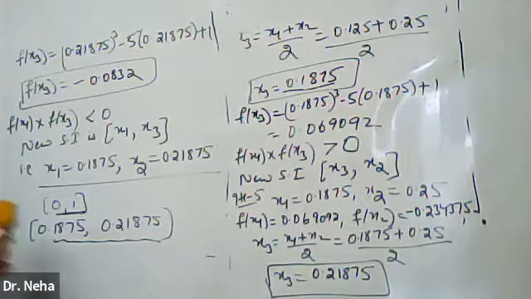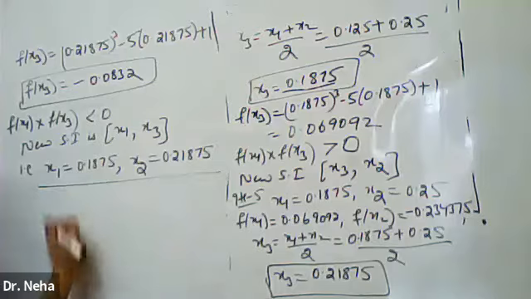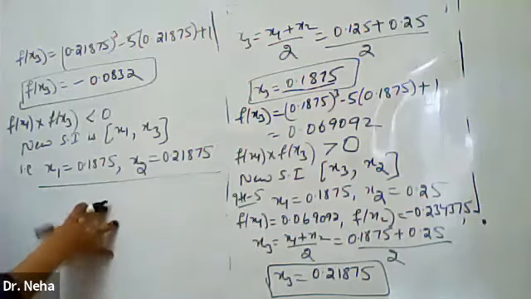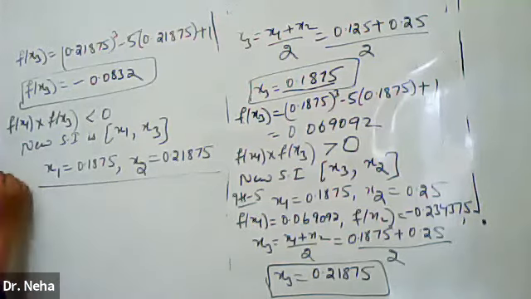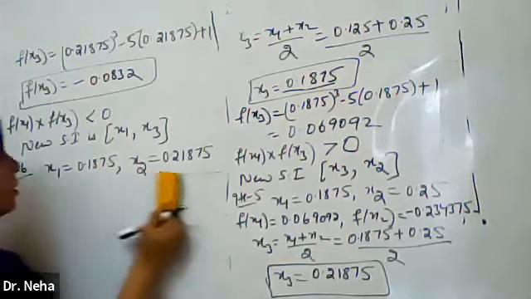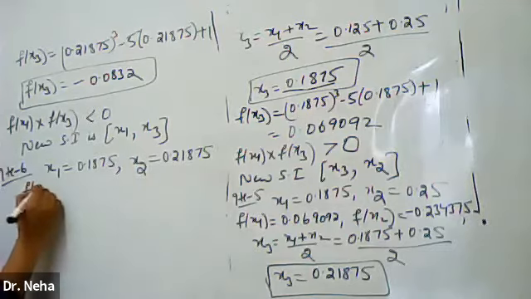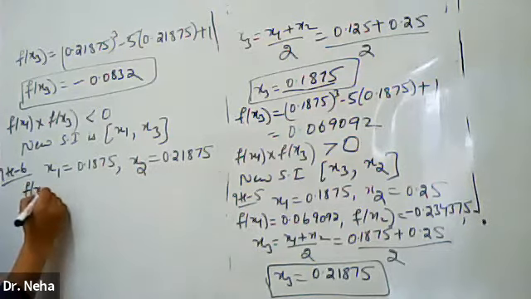Clear? Now I want to continue with one more iteration because after doing iteration number 6, you will see the change in the answer. So let us start from here, iteration number 6. Not given in the statement, but I am going to do it because we will reach at the solution.